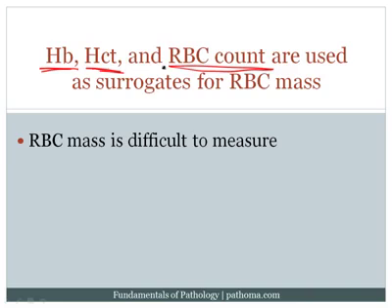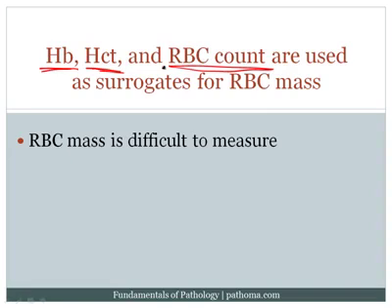So these three markers are used as surrogates for red blood cell mass. Now you could actually stop me and say, well, why are these surrogates? Why don't we just say that they equal the red blood cell mass? And the answer is that each of these is concentration dependent. And so they could, in some circumstances, not be a good estimate of red blood cell mass.